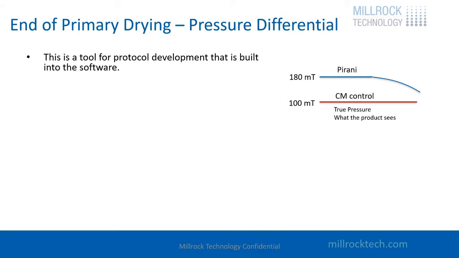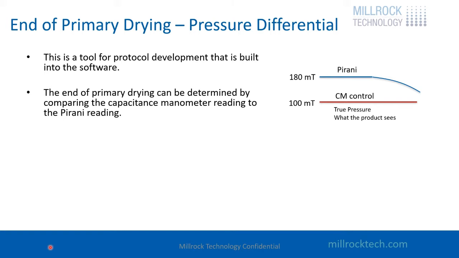The beauty of having the two in a system is that you can determine the end of primary drying. During the primary drying process, as that Pirani comes down in pressure, we can actually determine what the end of primary drying is, because when there's no water vapor present, then we know that we're at the end of primary drying.